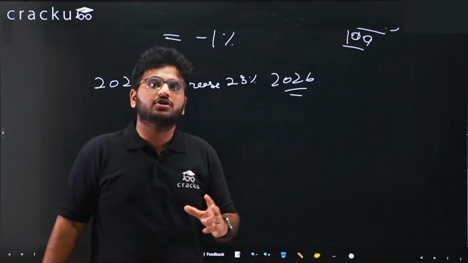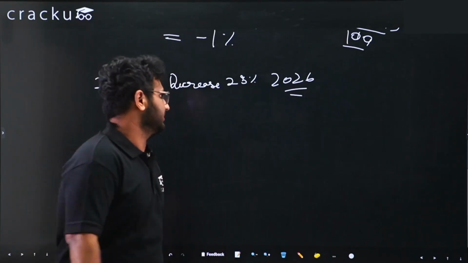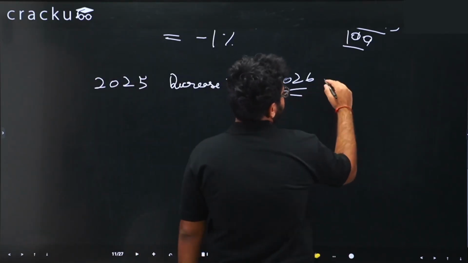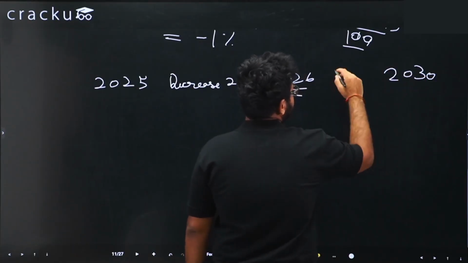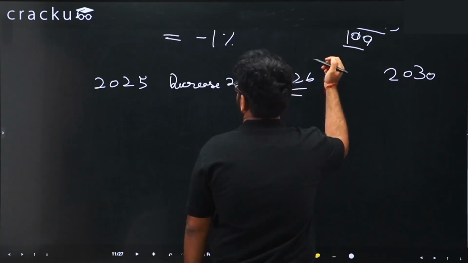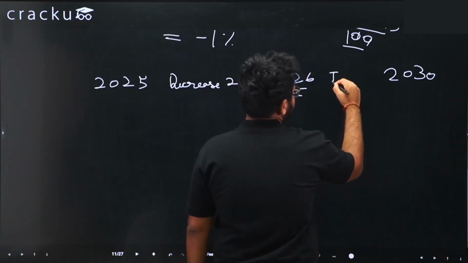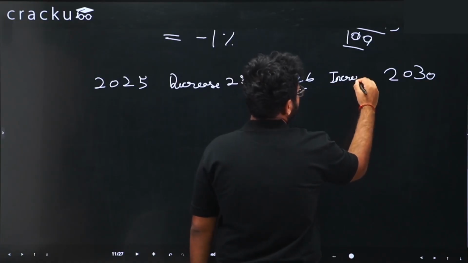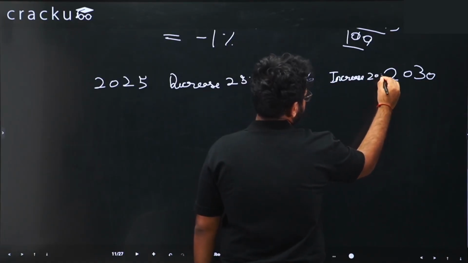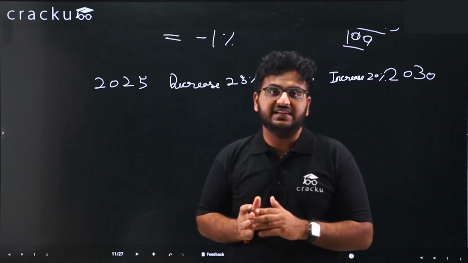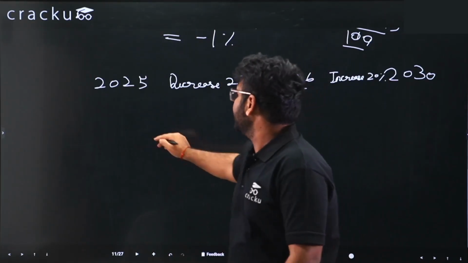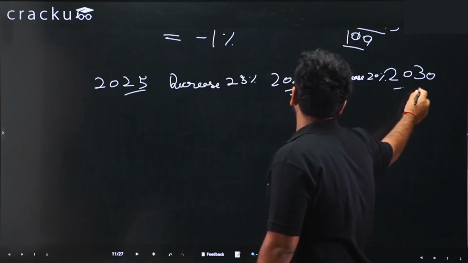So let us assume that from 2026 to 2030 it increased by 20%. So now the question is, what is the change of percentage from 2025 to 2030?